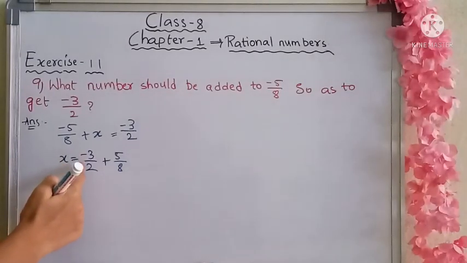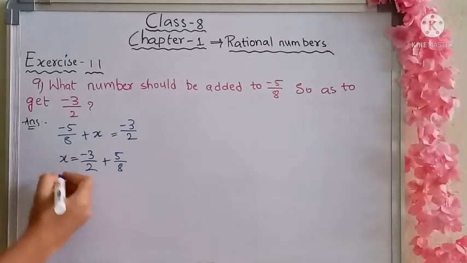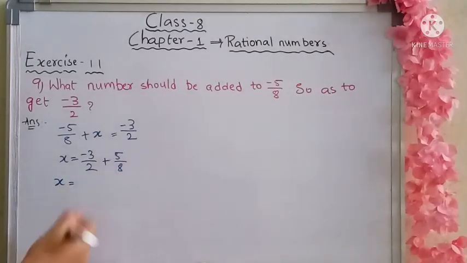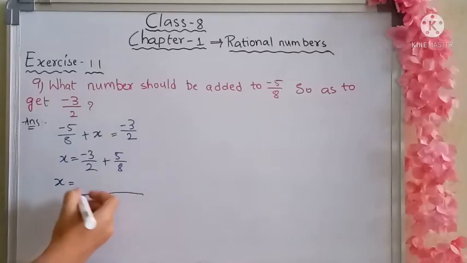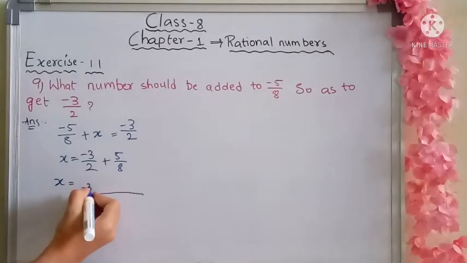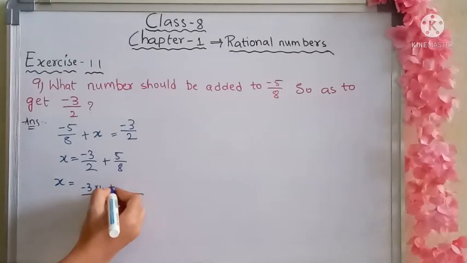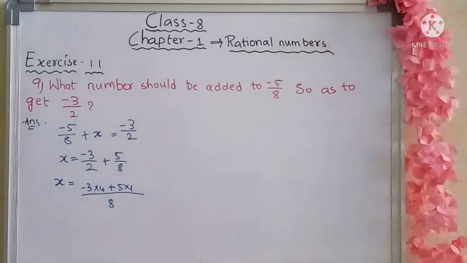Now we have to add these both numbers. To add that both, we have to make the LCMs equal. So x is equals to, LCM of 2 and 8, which is equals to 8. And now minus 3 into 4 plus 5 into 1.